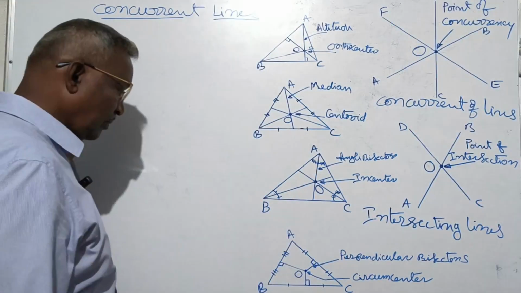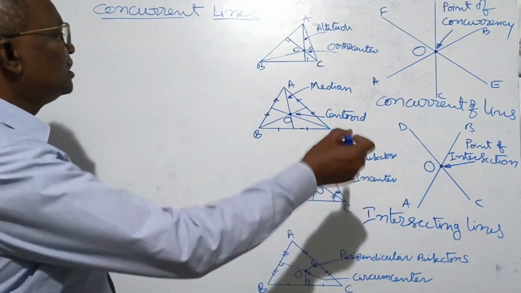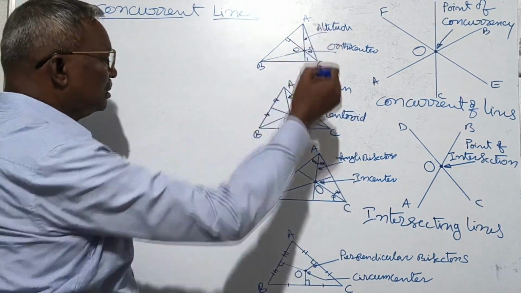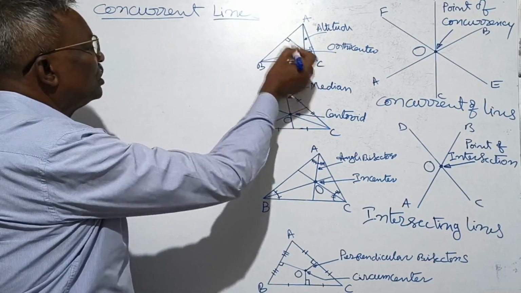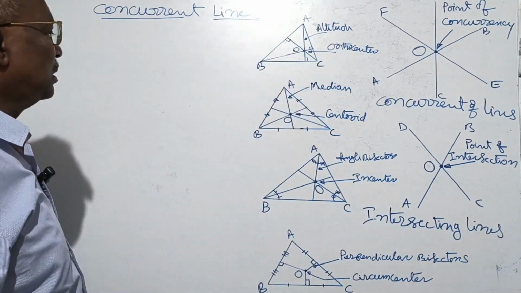Then next, here this is an altitude, meaning 90 degrees to the opposite side.